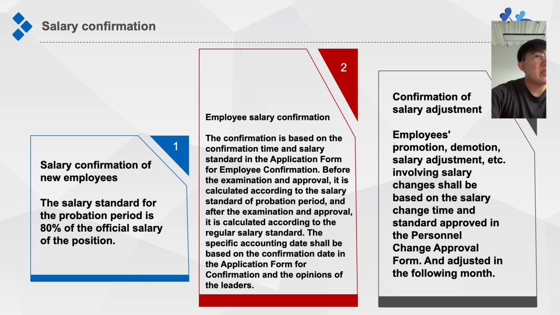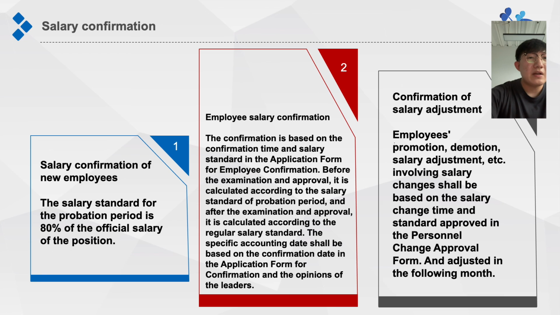The confirmation is based on the confirmation time and the salary standard in the employee confirmation application. Before the examination and approval, it is calculated according to the salary standards of the probation period, and after the examination and approval, it is calculated according to regular salary standards.